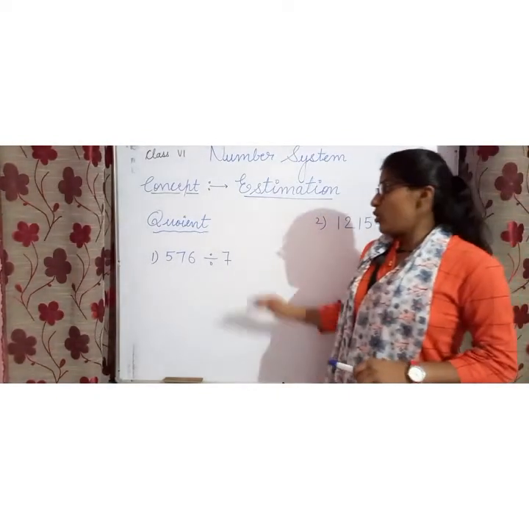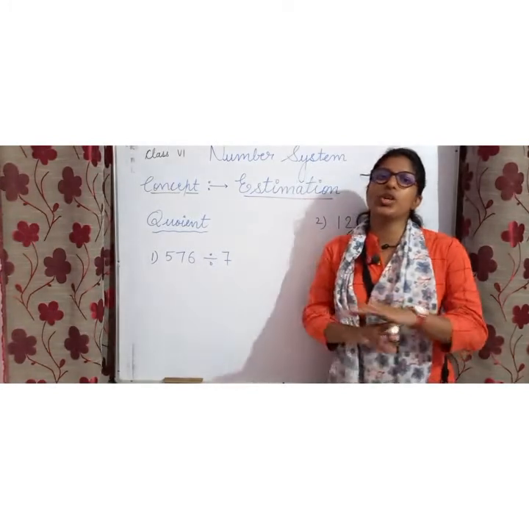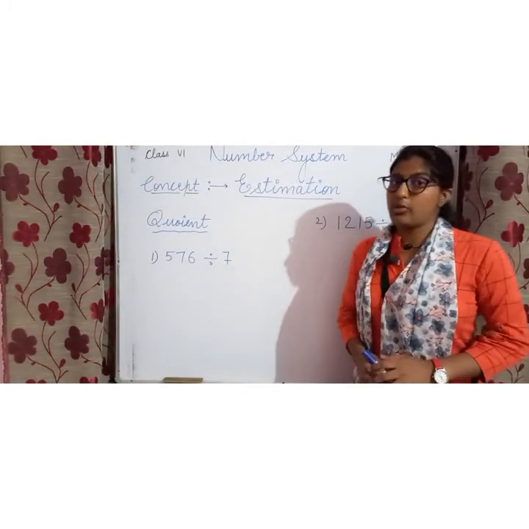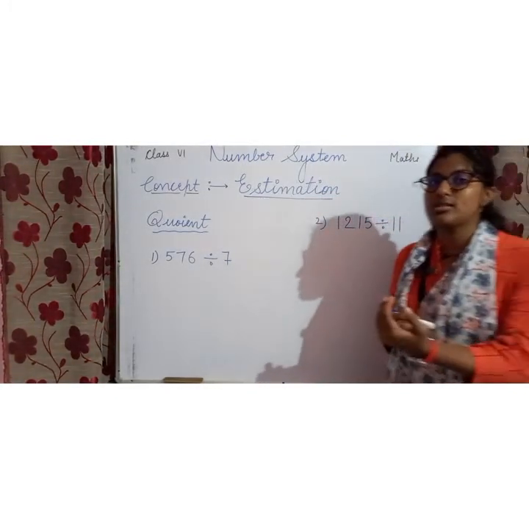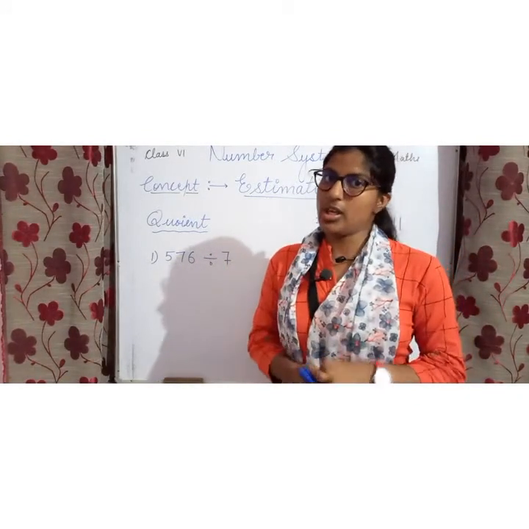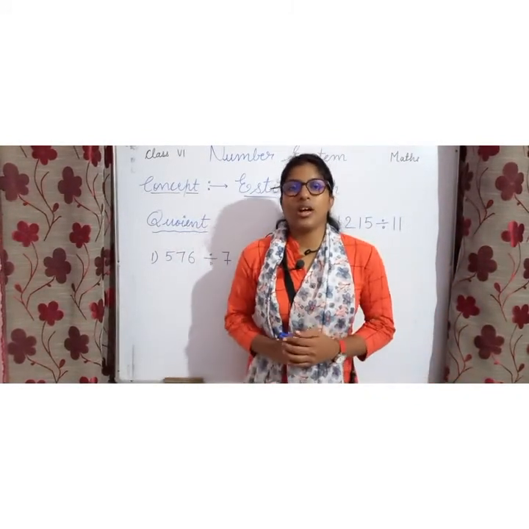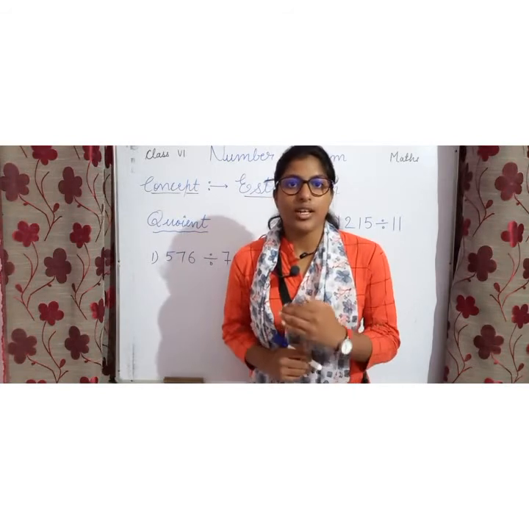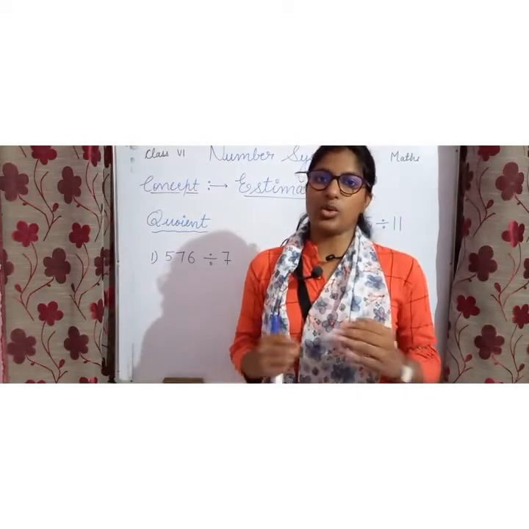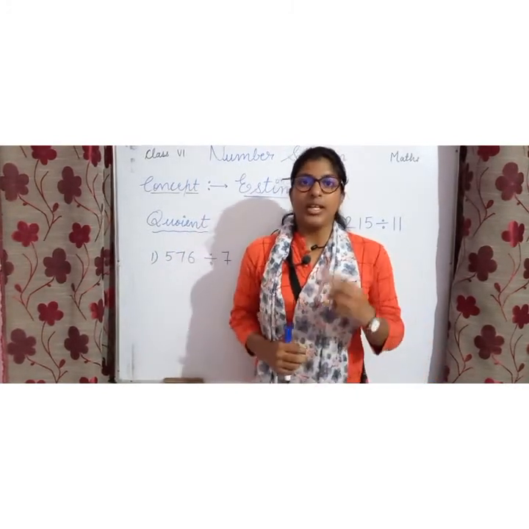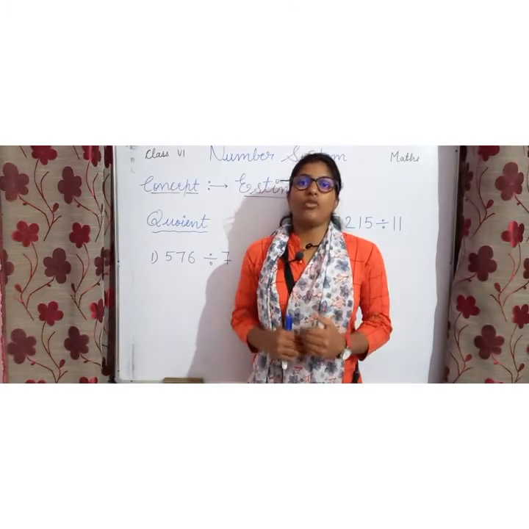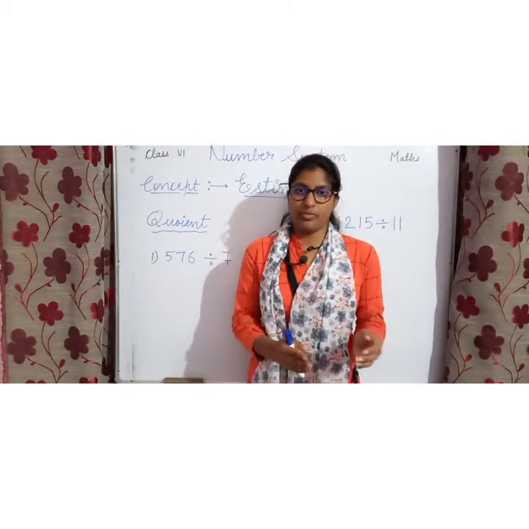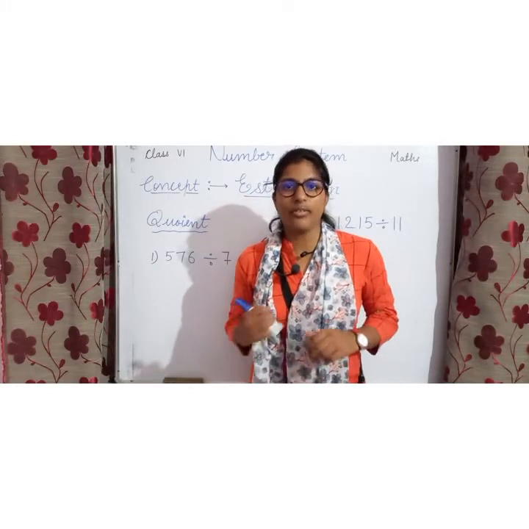If you have a 1-digit divisor, there is no need to round it off. But if you have a 2-digit divisor or more, you need to round it off. So rule number 1 is what? Firstly, we round off the divisor if that divisor is 2-digit or more. Clear? Step number 2, we round off the dividend according to the nearest multiple of the divisor.